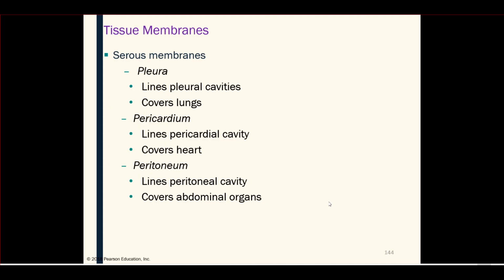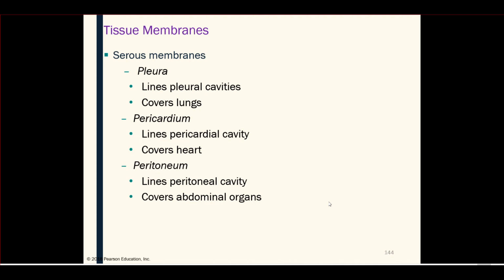So we have names of these serous membranes. The pleura is the one that we would find in the pleural cavity. It's going to line the pleural cavity and also cover the lung. The pericardium lines the pericardial cavity and then also covers the heart. And then in the abdominal pelvic cavity, they call the lining the peritoneum.